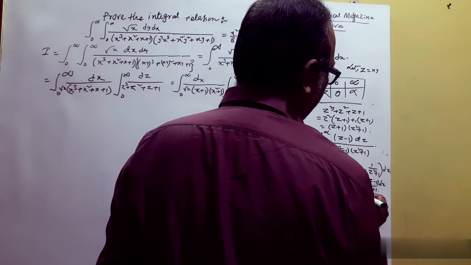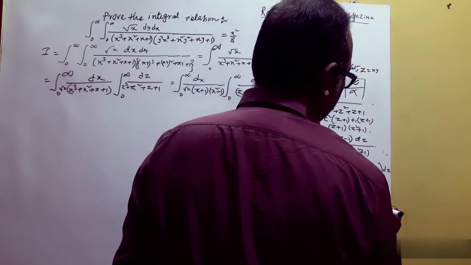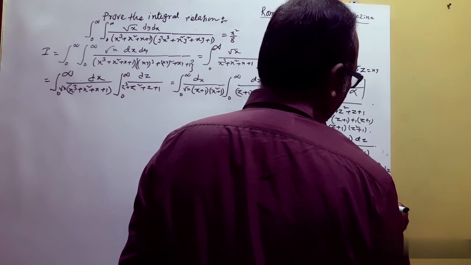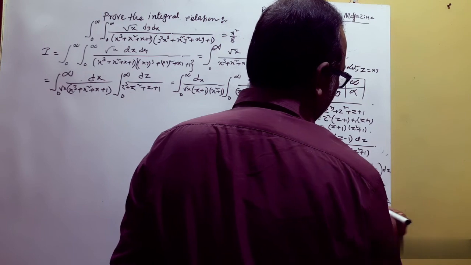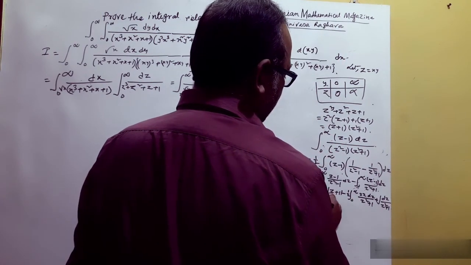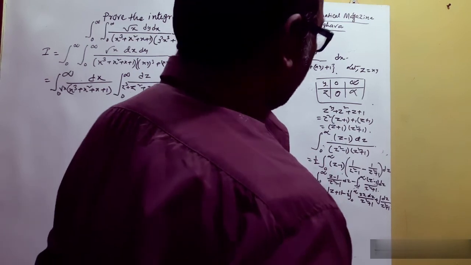This is 1 by half, 2z dz by z square plus 1, plus dz by z square plus 1. This is ln mod z plus 1.